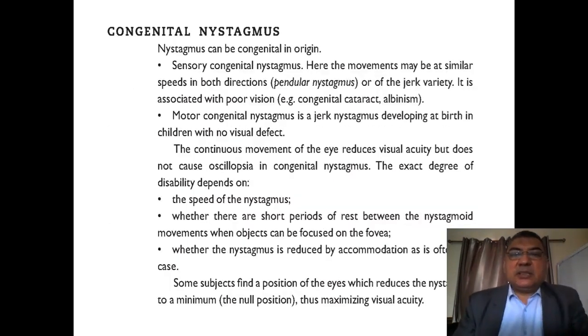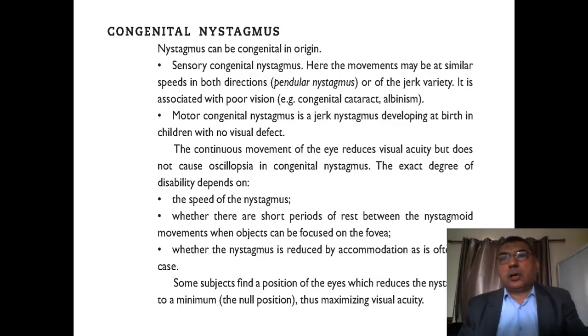The other type of nystagmus is the congenital nystagmus, which means a child or infant is born with oscillating eyes. There are two main conditions that produce this nystagmus, which are the sensory congenital nystagmus and the motor congenital nystagmus.